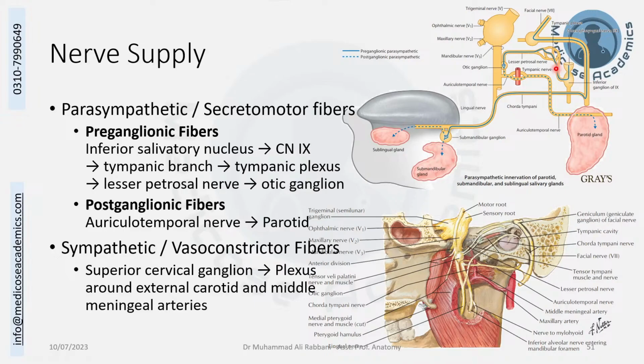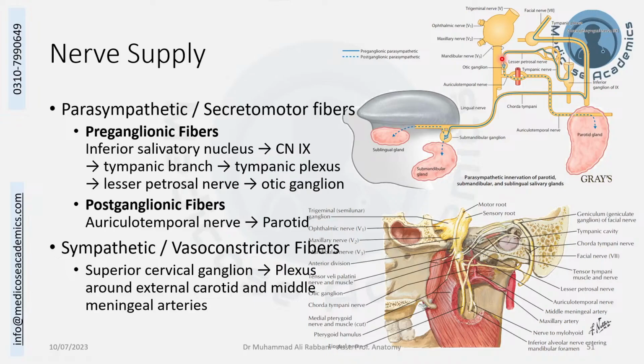This is called the tympanic nerve. In the middle ear, they form the tympanic plexus, and from the tympanic plexus, they exit into the middle cranial fossa as the lesser petrosal nerve. It then goes through the foramen ovale and reaches the otic ganglion.